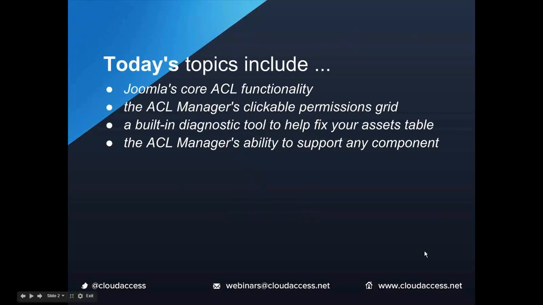In this one-hour webinar, Sander's going to discuss, first off, core Joomla ACL functionality. He's going to cover the core and then move on to the ACL Manager clickable permissions grid. He's going to discuss a built-in diagnostic tool that can help you fix your assets table, and he'll also discuss the ACL Manager's ability to support any component.